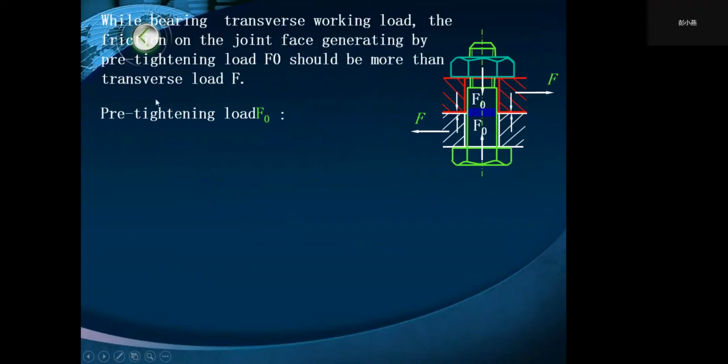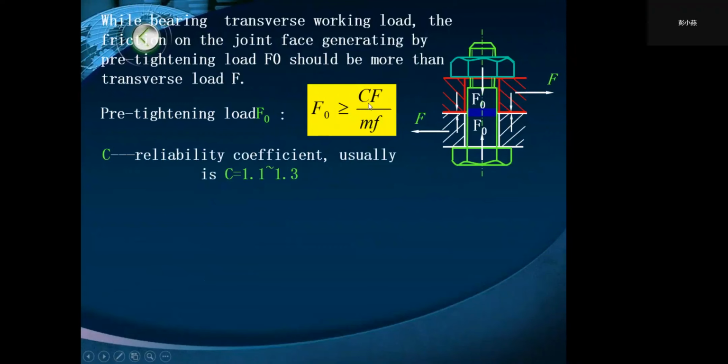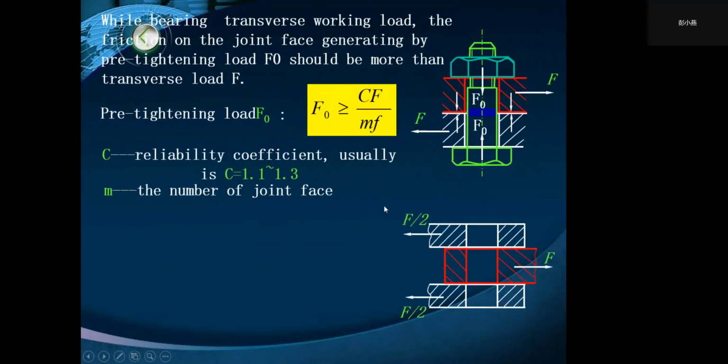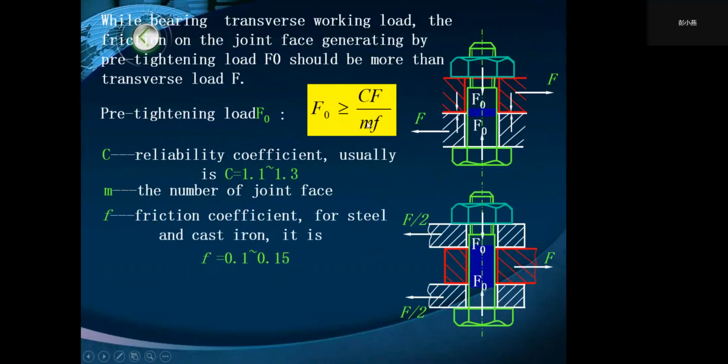So we have this: the preload should be larger than this. C is the reliability coefficient, M is the number of joint faces, and F is the friction coefficient.